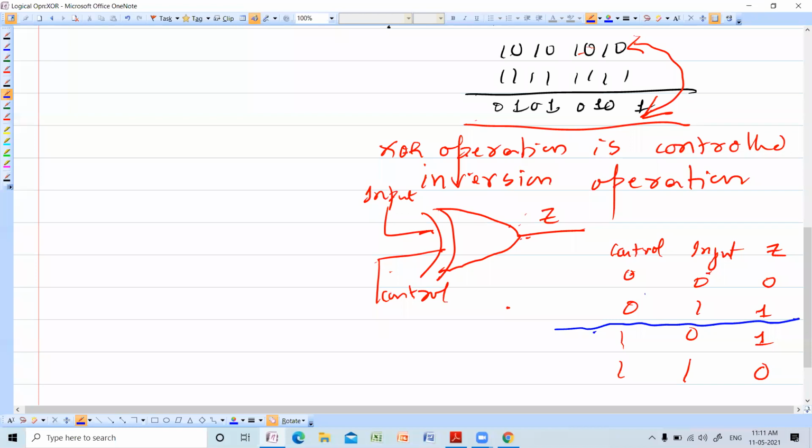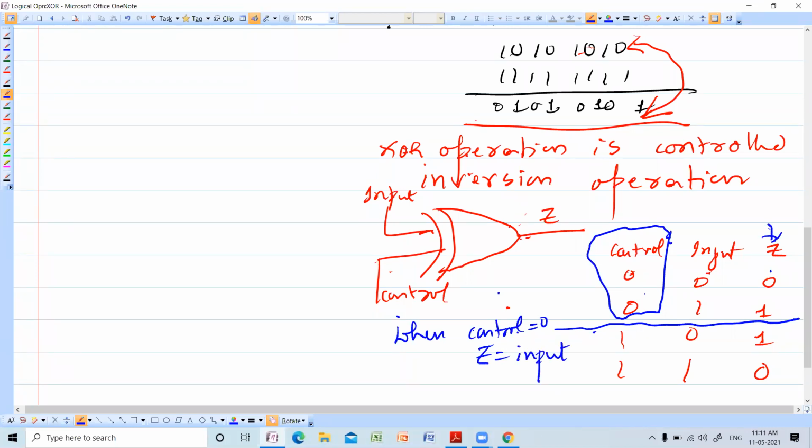Just divide this truth table into two parts. When control is equal to 0, what is the output Z? Z is the input only. Input is 0, 1, Z is also 0, 1. So when control is 0, Z equals input.